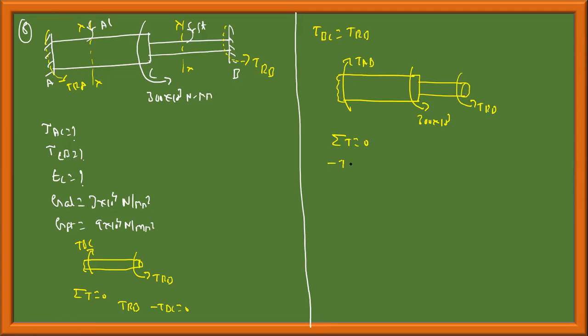This TAB is acting in the opposite direction, clockwise direction, minus TAB. This is counterclockwise direction, plus 300 into 10 power 3 plus TRB is equal to 0, or TAB is equal to minus 300 into 10 power 3 plus 300 into 10 power 3 plus TRB, right? TAB is 300 into 10 power 3 plus TRB.